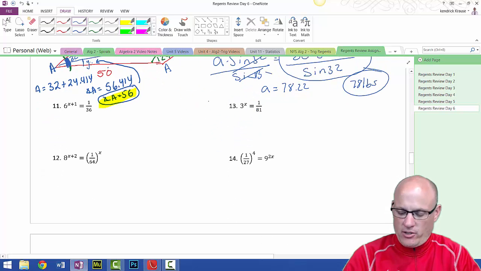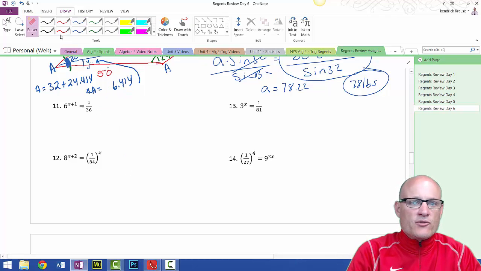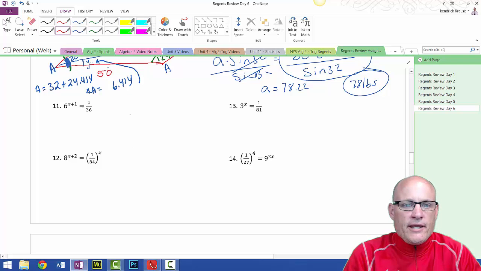Okay, so I want to try these problems. First thing I'm going to do is erase a little bit, give myself a little bit of room from the last stuff. In order to solve these problems, we want to make the base the same. Now, this is an exponent. This is a fraction.